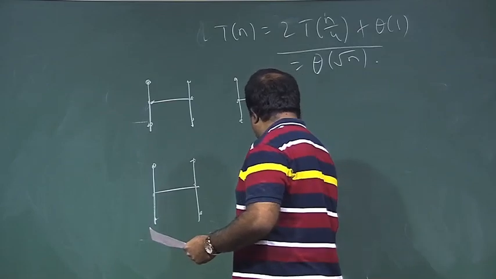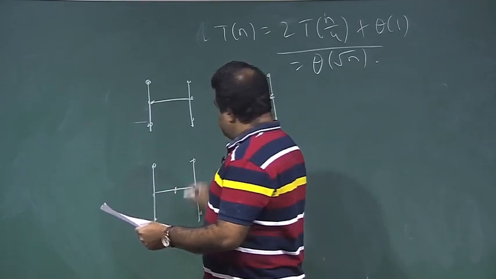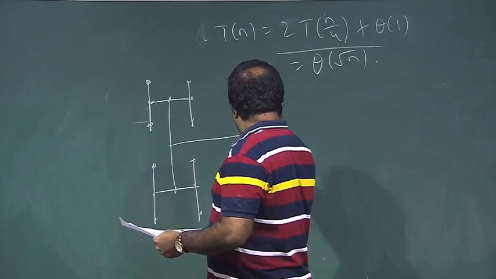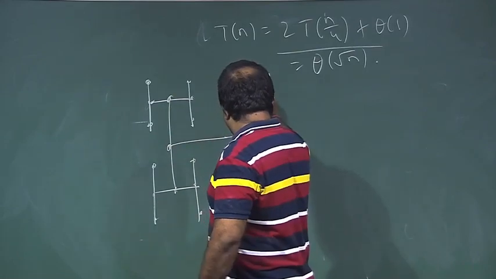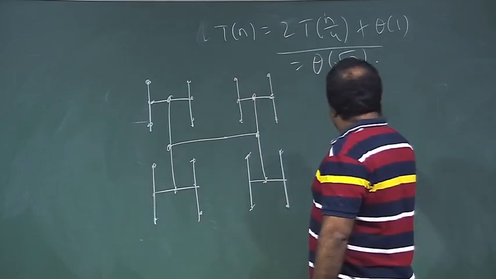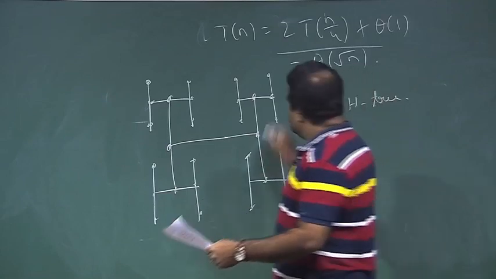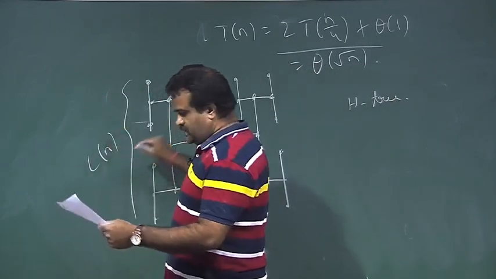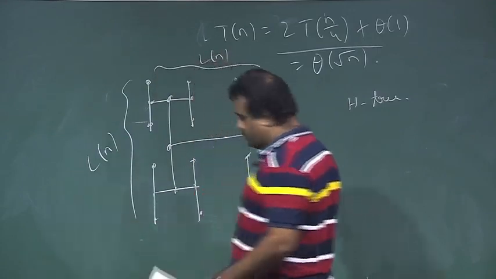So, these are all the connections. Then we have this one, then we have this one. So, these are all H structure. If we have this, then this is basically L of n, and this is also the same, this is basically the width.